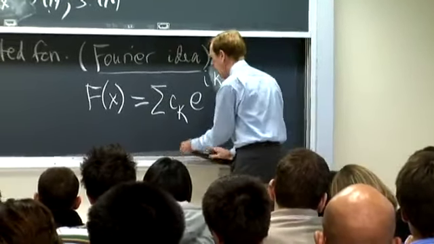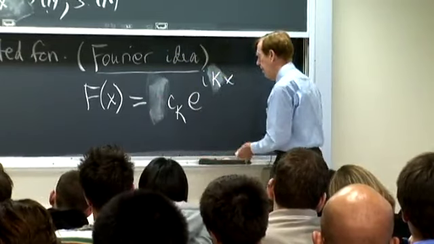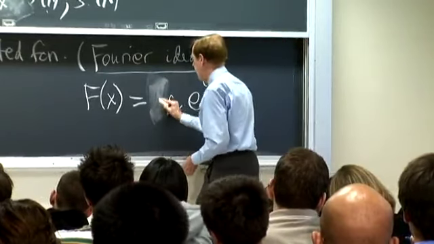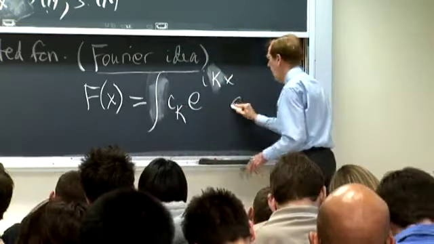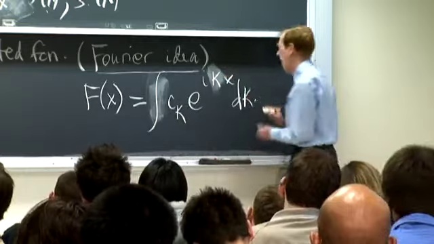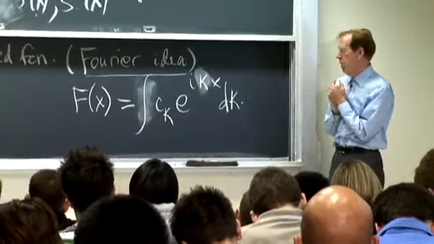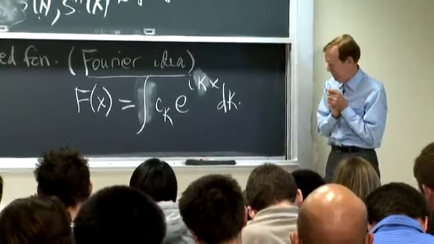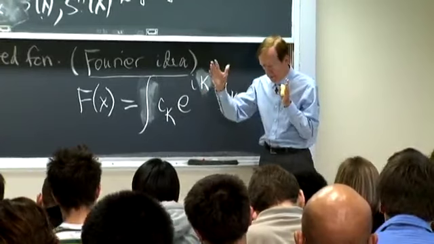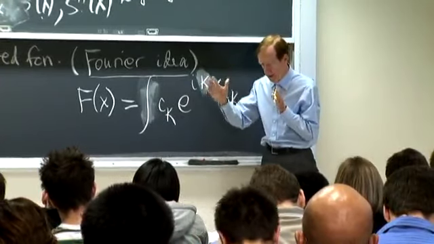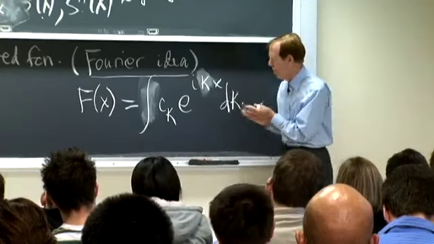Now, I have to say a word about the other possibility, which would be to have all frequencies. I'll integrate now dk. Instead of summing on k, I'll integrate on k. What does band limited mean? Band limited means that only frequencies in a certain range, say a range around 0, are included.